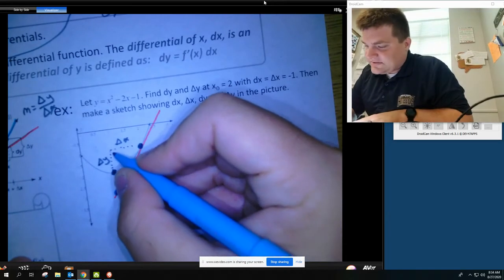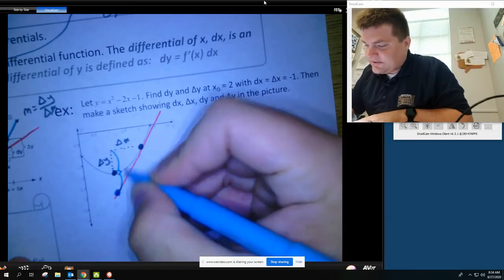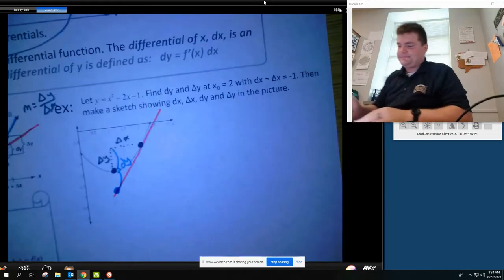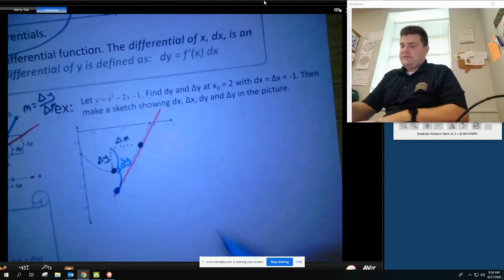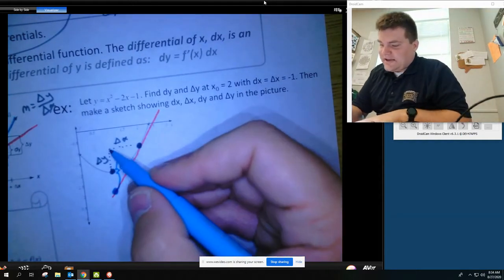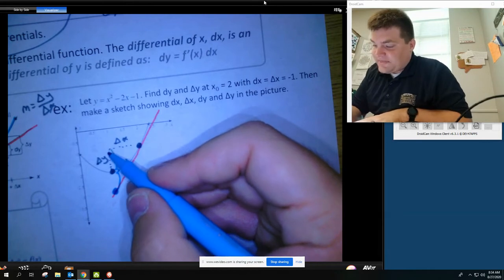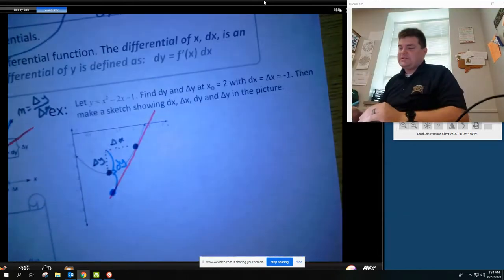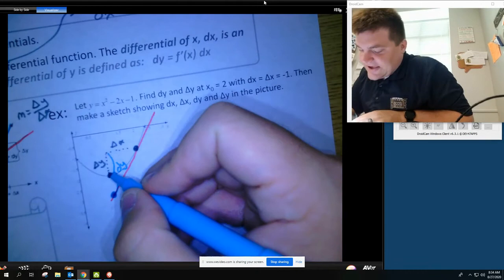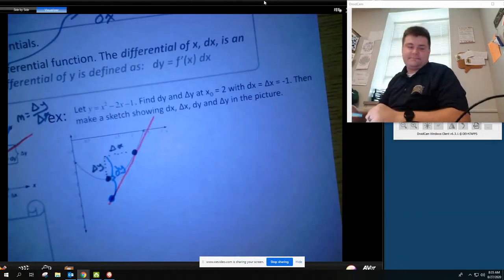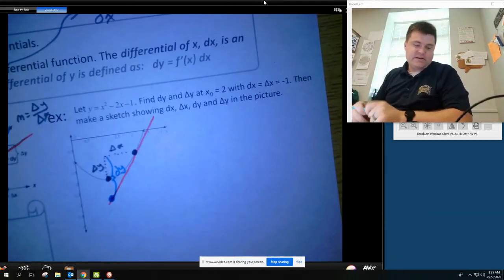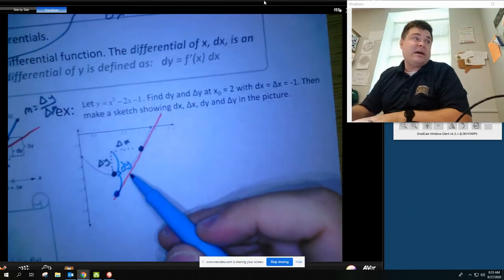And this distance from here to there is my dy. Okay. So again, after we go out delta x, the distance from that point to the actual tangent line is dy. The distance from that point to the actual curve is delta y. All right, so that's the picture of what's going on here.